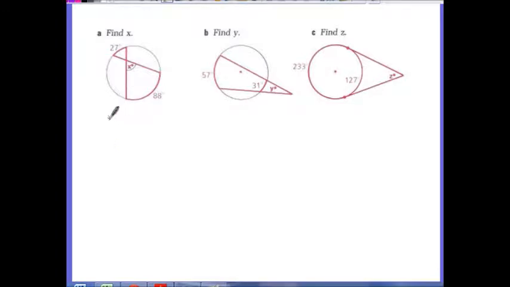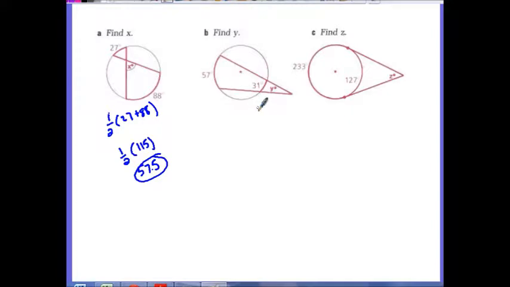For our first one, it's an inside angle. 1/2 the sum of the arcs, which is going to be 1/2 of 115, which is going to be 57.5.